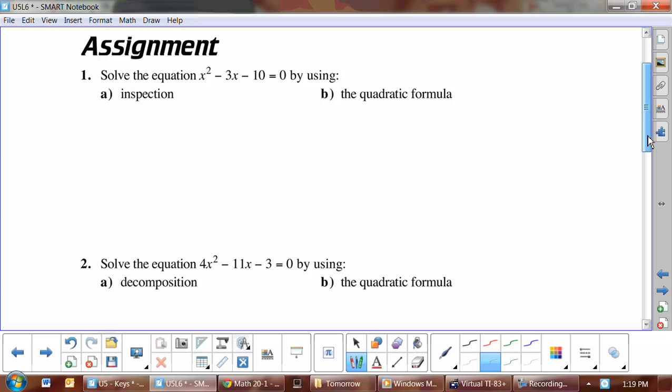Inspection and decomposition are just the 2 types of factoring. So you can cross this out and write factor. Inspection is like type 1, and decomposition is like type 2. So they're asking you to both factor it and give us the x's, and then use the quadratic equation to find the same thing.